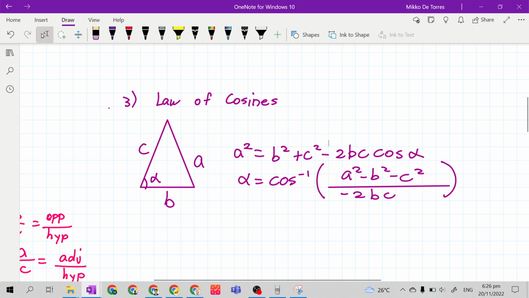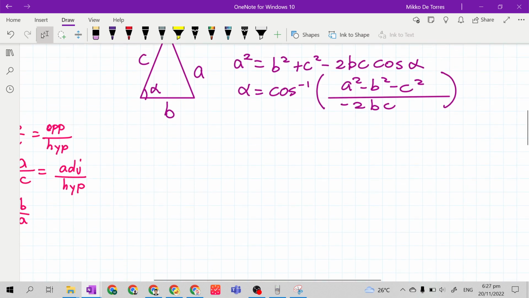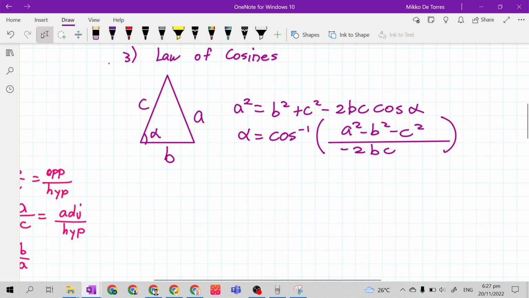It is called the law of cosines because you use cosine in your solution. You can also use the law of sines, but the law of cosines is much easier to use in this kind of problem.